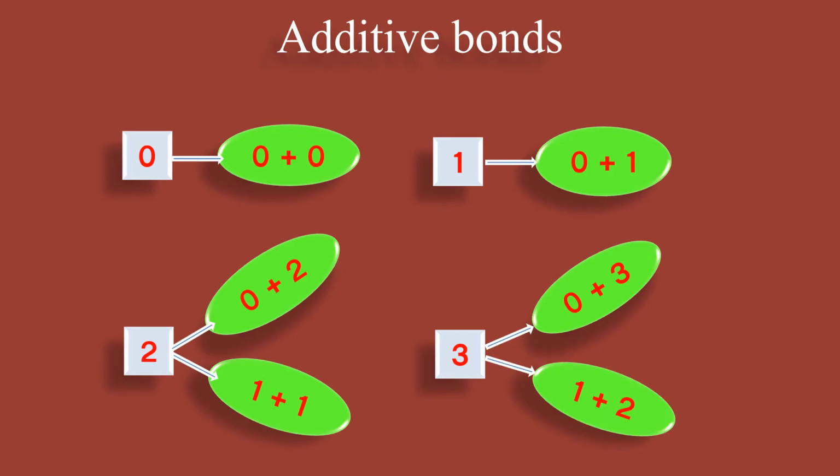At the same time, 1 plus 2, once again you can obtain 3. What about 6? Yes, there are 4 ways of obtaining 6 by adding two whole numbers together. 0 plus 6 is 6, 1 plus 5 is also 6, 2 plus 4 is also 6, and 3 plus 3 is also 6.